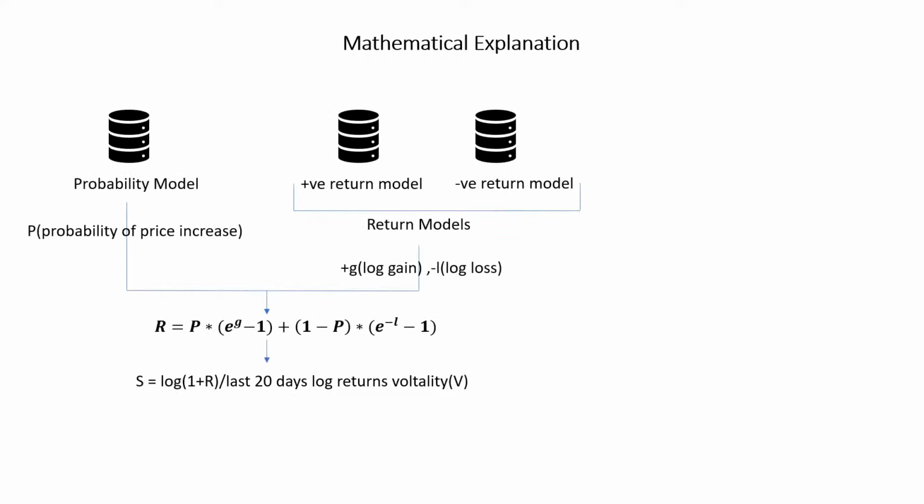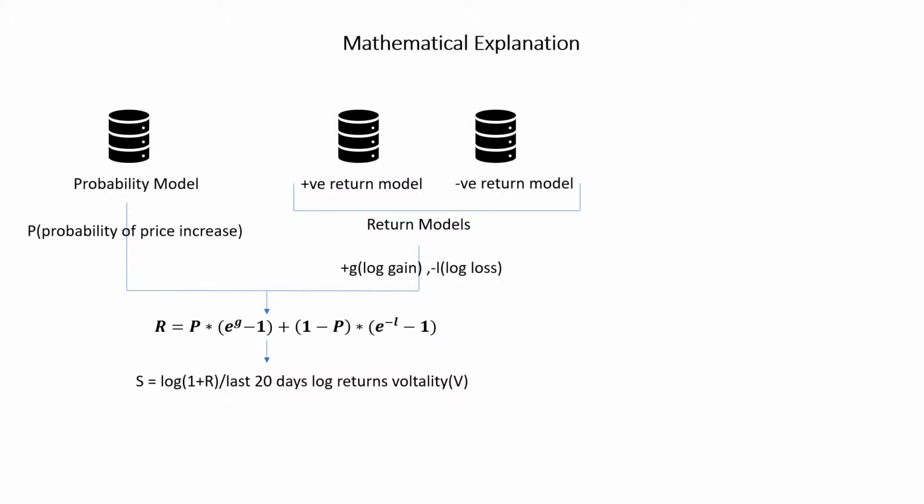Now, for those of you who are interested in the mathematical explanation of how this S ratio is derived, basically you get a probability P for the price increase from the probability model, and from the positive and negative return models, you get the log gain and the log loss. Why have we considered log returns instead of percentage returns?